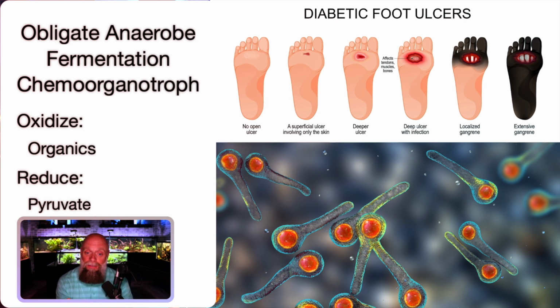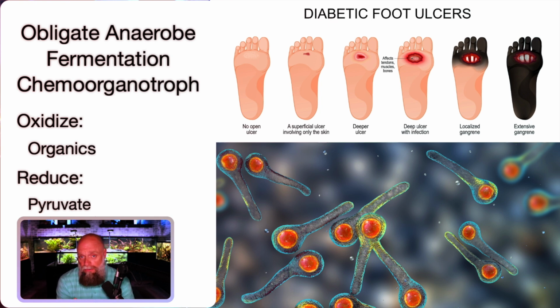They're going to oxidize organics, and that's what makes them an important potential human pathogen. So we are organic beings, and so they're using our carbs, lipids, proteins, and our tissue as an electron energy/food source. However, they are also going to ferment gases, and that's going to cause some problems inside of tissues.